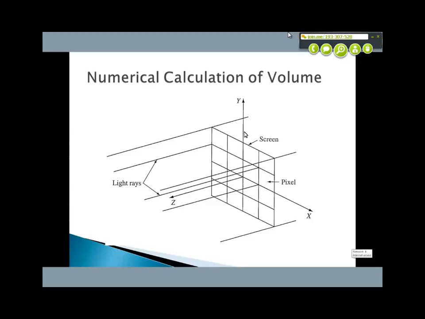Or if it's just doing area, it's counting how many times it's going in and how many times it's coming out. It's not worrying about the length. It just takes that count as a multiplier times the area, and so it can very quickly get the surface area calculation. Okay, does that make sense?